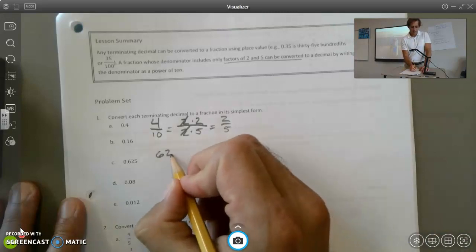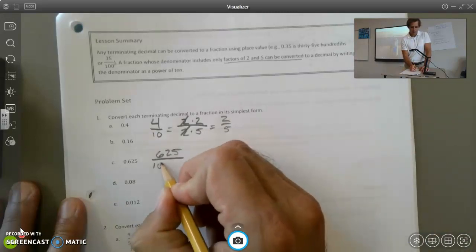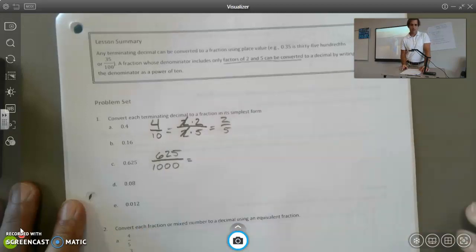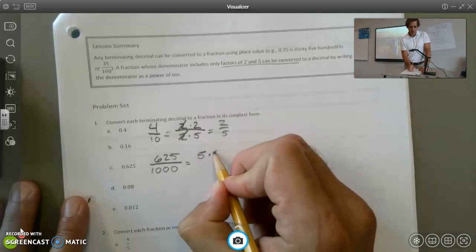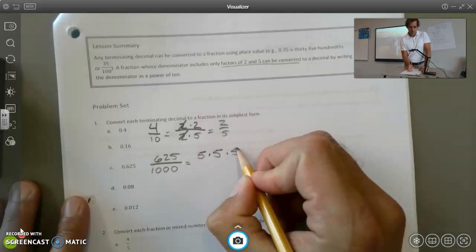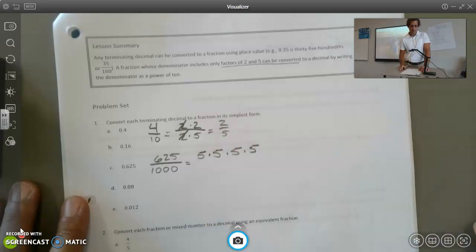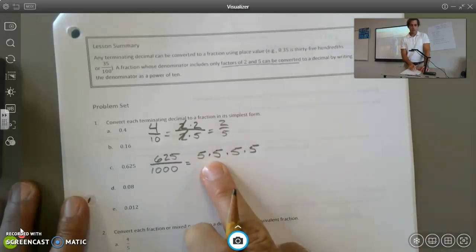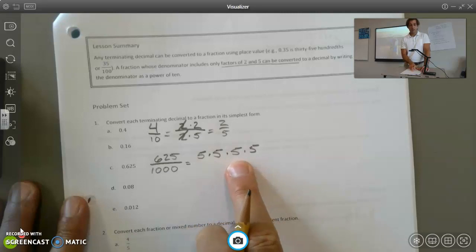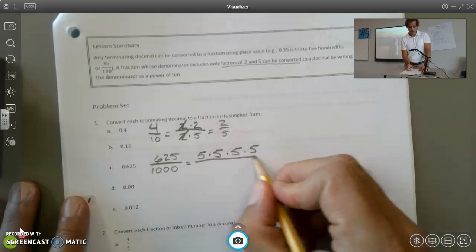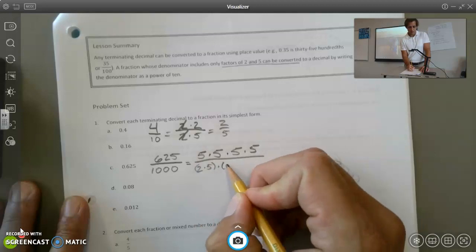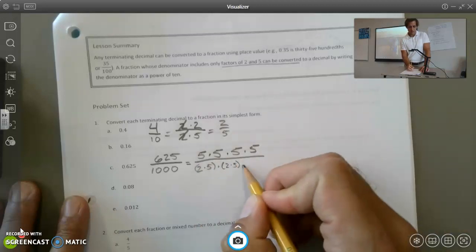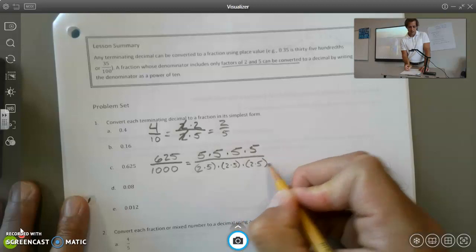That's 625 thousandths. This one's probably the biggest one we'll do. 625 thousandths is 5 times 5 times 5 times 5. 5 times 5 is 25, times 5 is 125, times 5 is 625. 1,000 is 2 times 5, which is 10, times 2 times 5, which is another 10. 10 times 10 is 100, times another 10.